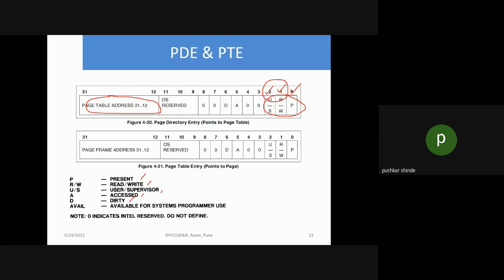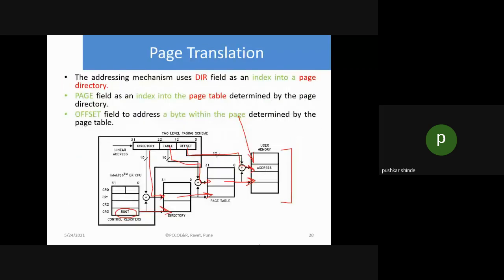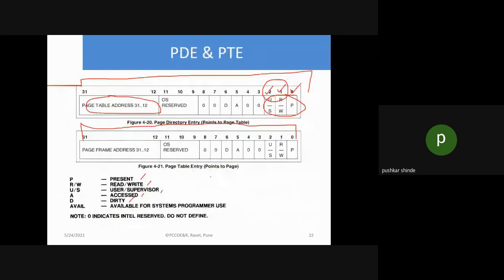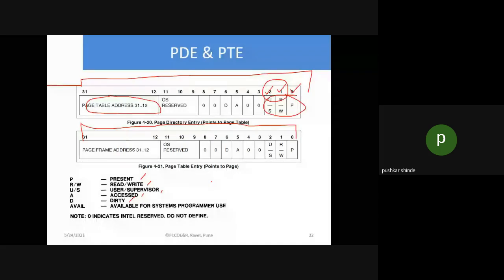Page directory entries are of 32-bit. 1024 such entries are present in the page directory. Then the page table entry is also of 32-bit. Page directory entry means we are talking about each entry in the page directory, and page table entry, we are talking about each entry in the page table. The page table entry is stored in the page table. It also contains the base address of the page.